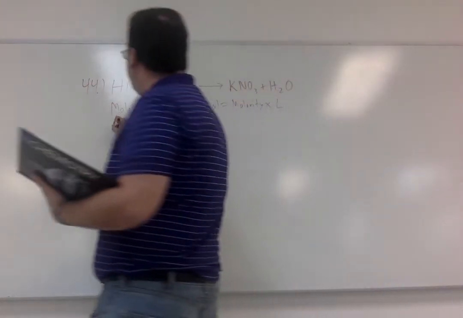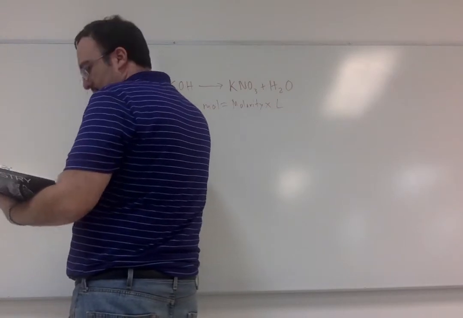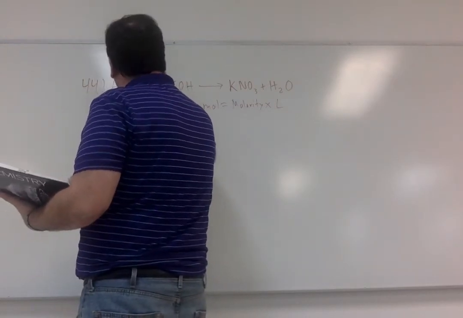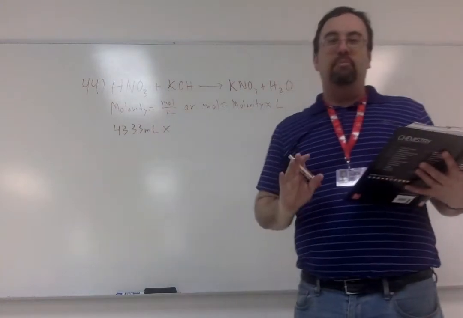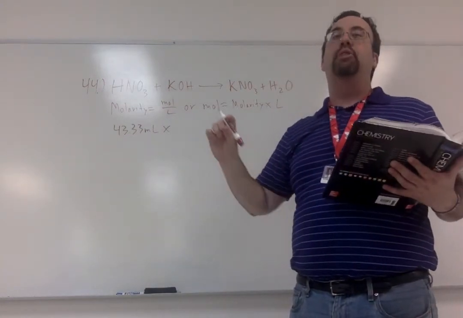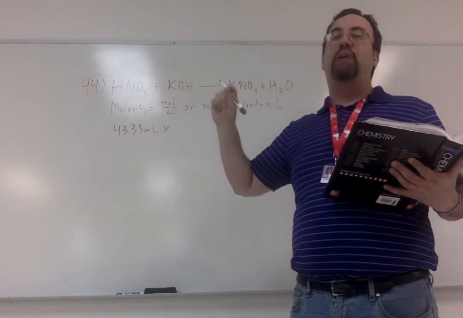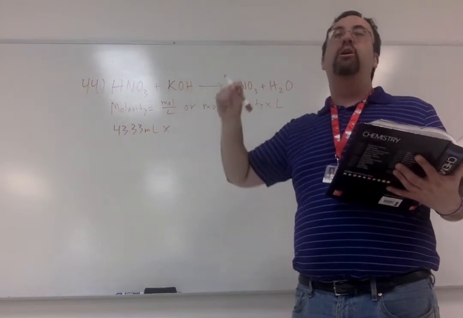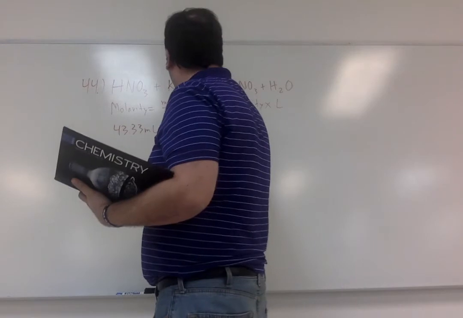The first thing I need to do is convert the milliliters to liters. So I have 43.33 milliliters. Remember that there's 1,000 milliliters per liter. I'm going to put the liter on top, and the 1,000 milliliters on the bottom so that the units cancel out.